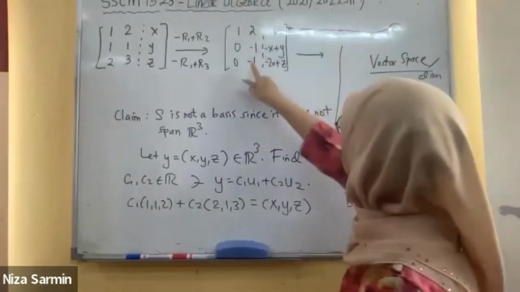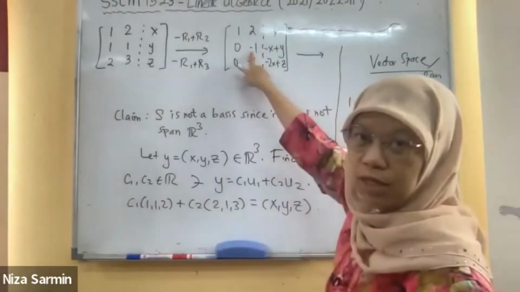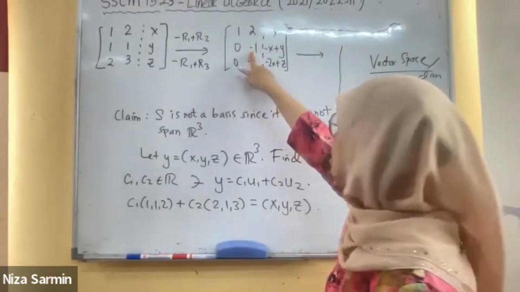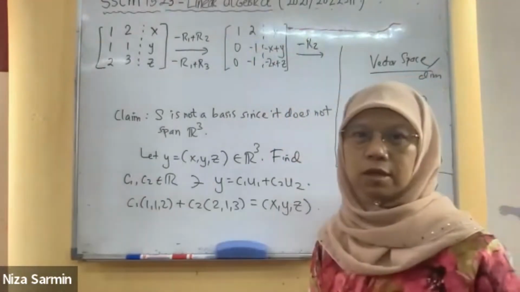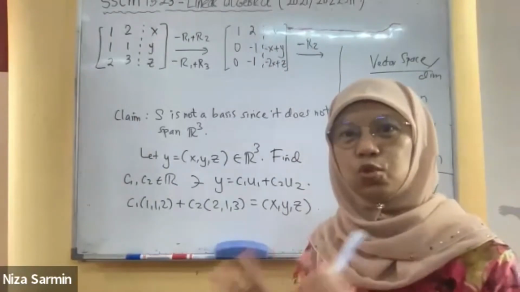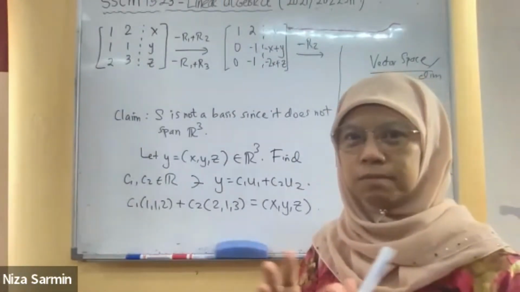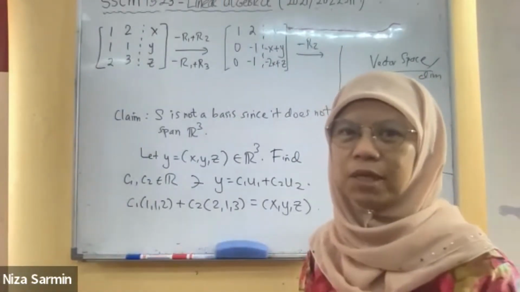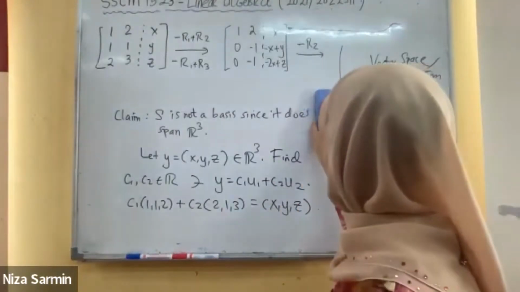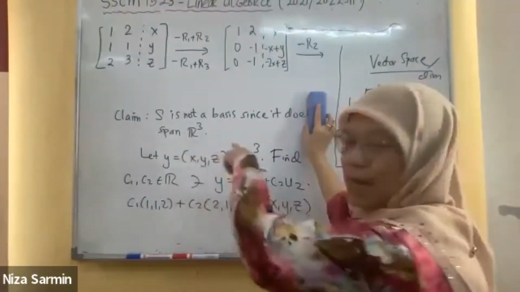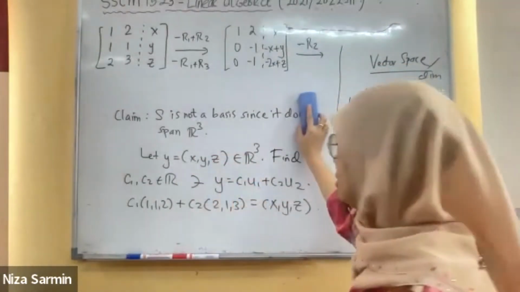Okay? So one more, yeah? We need to make this one to make it easy. Okay, you have to do it in 2 steps. Make it 1 first, then make it 0. Cannot do it at the same time, yeah? This claim is our conclusion later.